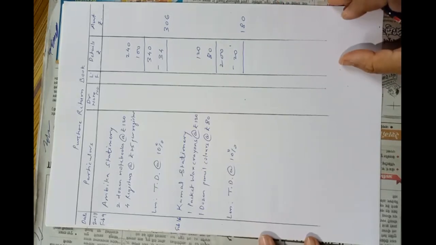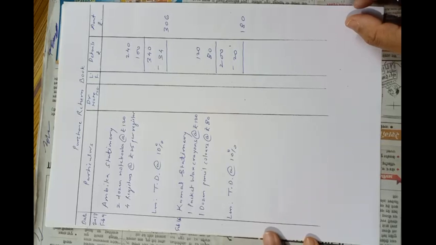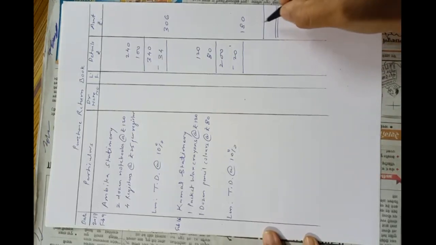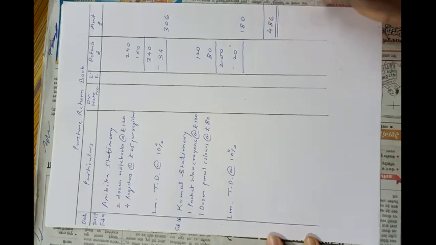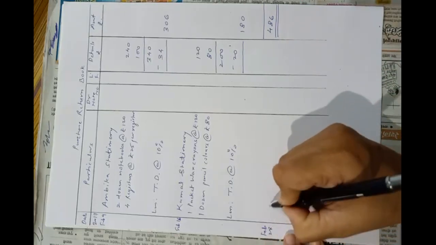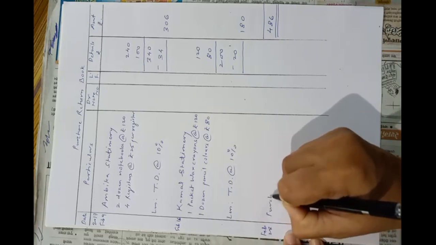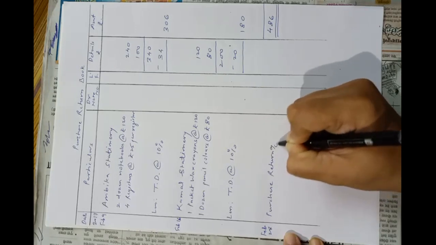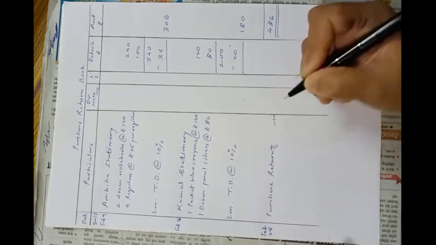Okay, there are only two entries of purchase return, so now we will add these amounts. So total will be 486, and here we will write on February 28th, purchase return account credit.